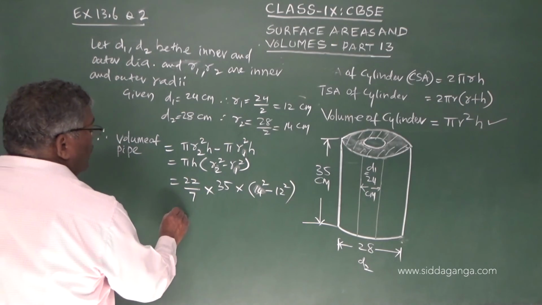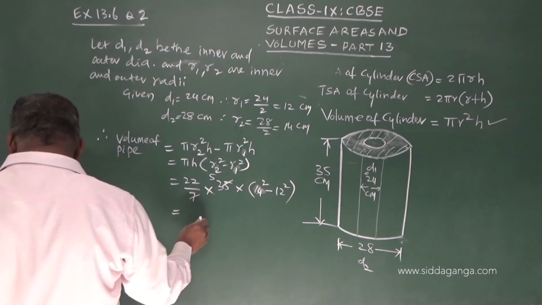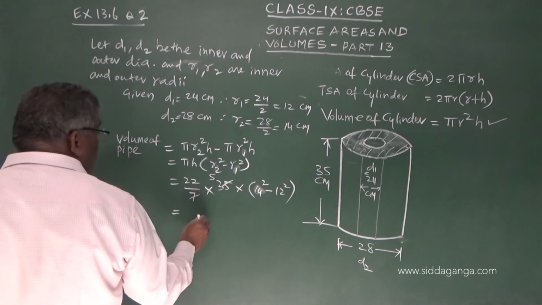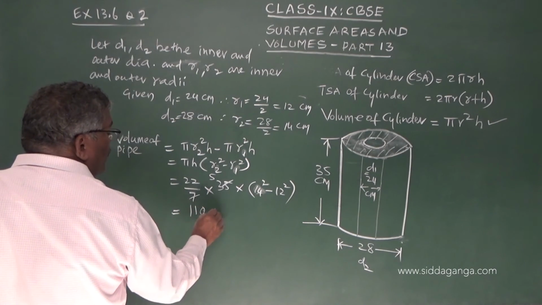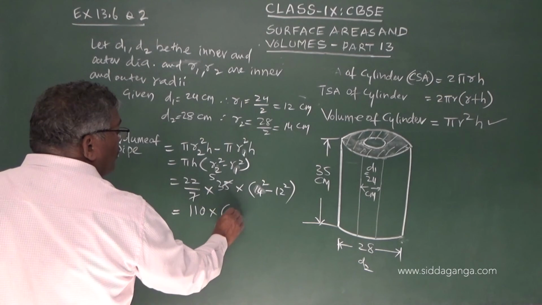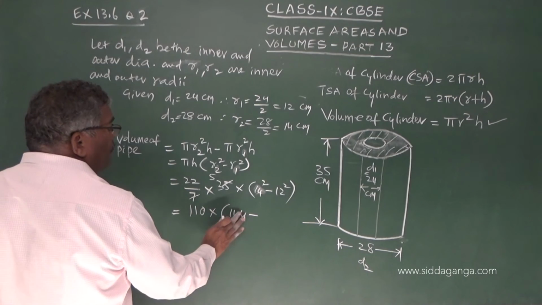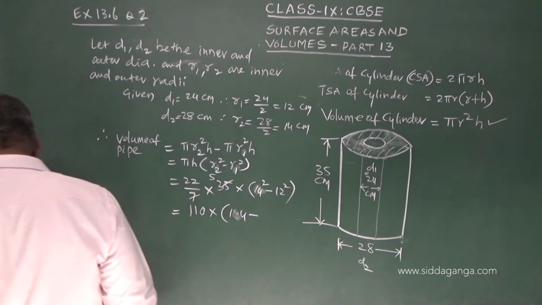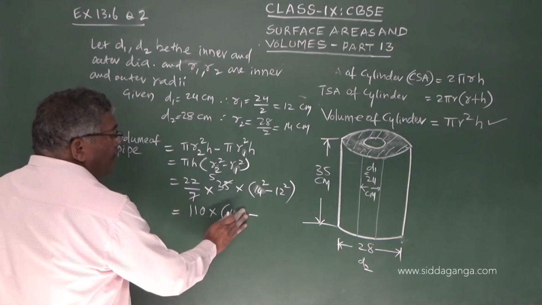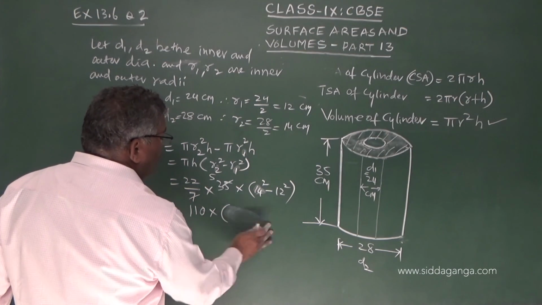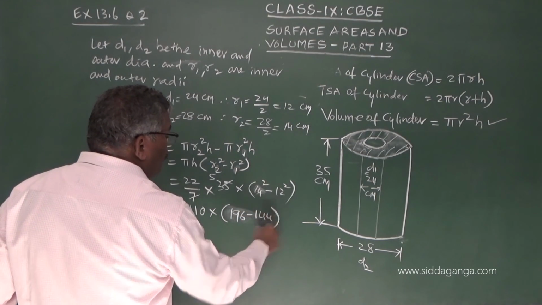So this you will get 7 5s are 35. 22 into 5 is 110 into, in the bracket, 14 into 14, 196 minus 144.